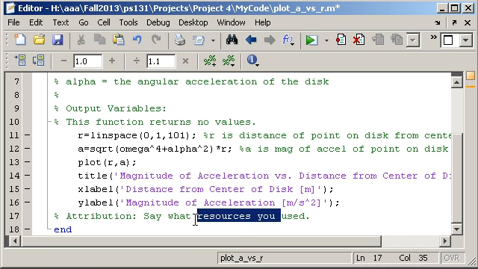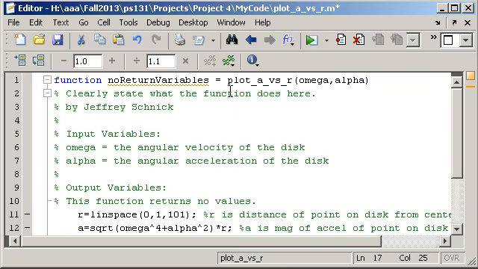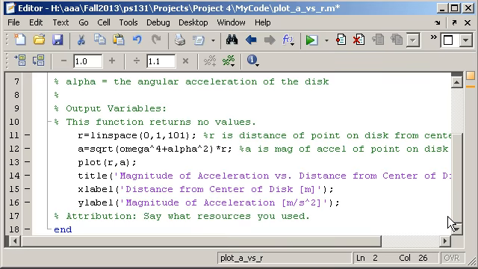Both this line and this line are prose that you have to make up. You must include a comment giving attribution to whatever resources you used to write. In particular, if you watch the video, make sure you say so.